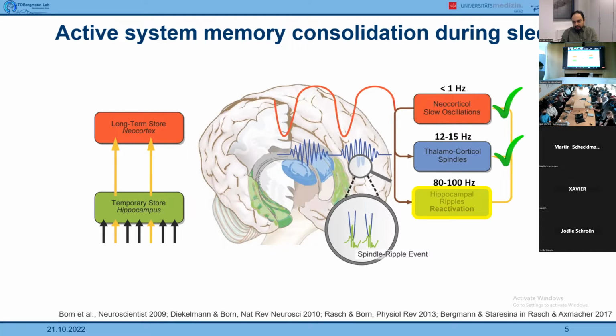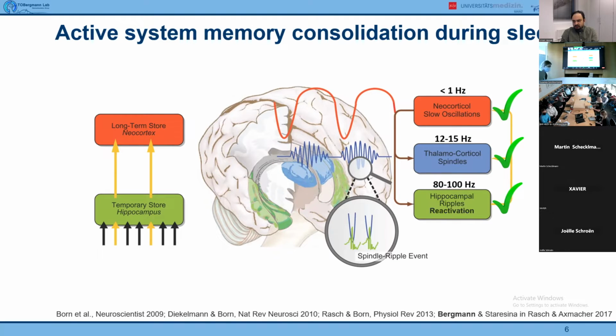So we can conclude that the sleep spindle is connected to all of this story. The slow oscillations generate sleep spindles, and the sleep spindles generate hippocampal ripples. So the spindle is in the center of this entire web that we're talking about.